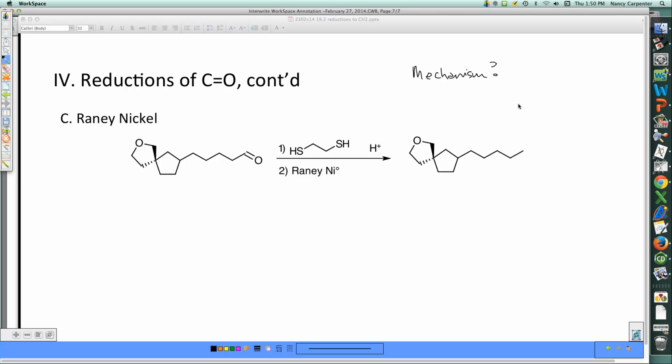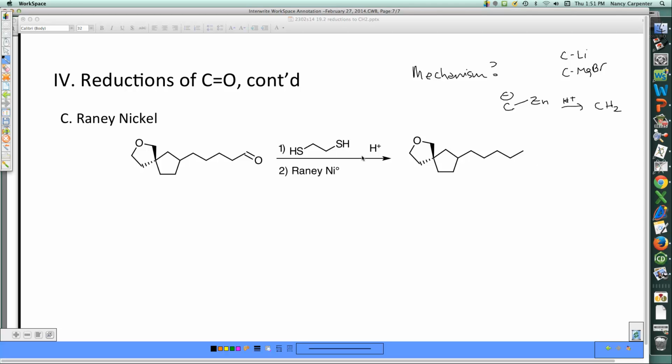I will only say that in the Clemmensen reduction, it is believed that there is some kind of zinc-carbon bond, like an organometallic, kind of like CH3Li or CH3MgBr. So it's believed that somehow the zinc coordinates to the carbonyl carbon, and then that gets protonated a couple of times to give you the CH2.